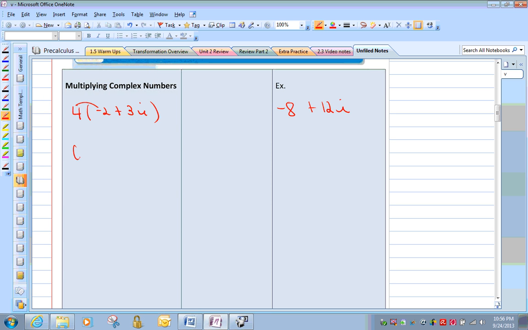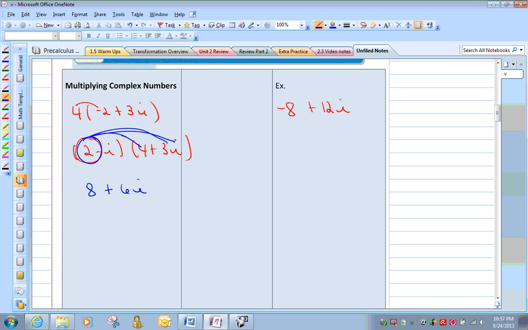Let's do something a little more difficult. Let's take a look at 2 minus i times 4 plus 3i. We're FOILing. Let's be really careful. We're going to take the first term and distribute it to the second term. So 4 times 2 would be 8. And 2 times 3i would be positive 6i.